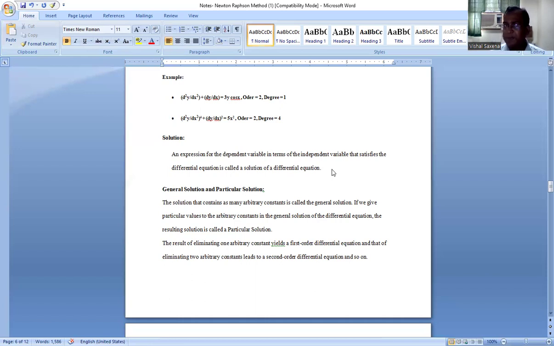If it satisfies the given differential equation, then it is called the solution of that differential equation. If it does not satisfy, then definitely it is not a solution for that differential equation.